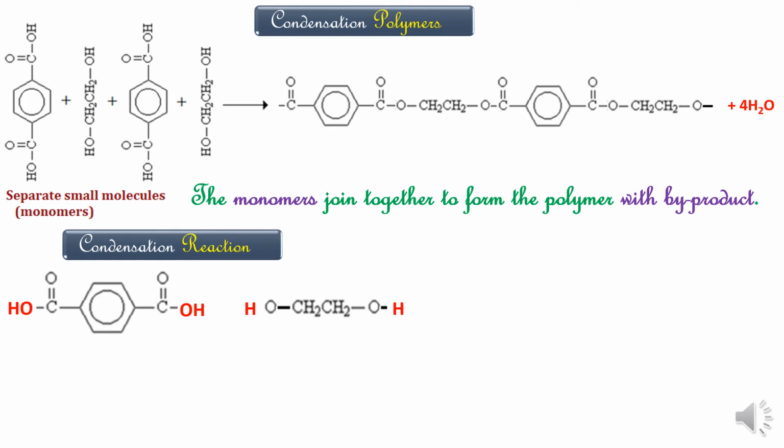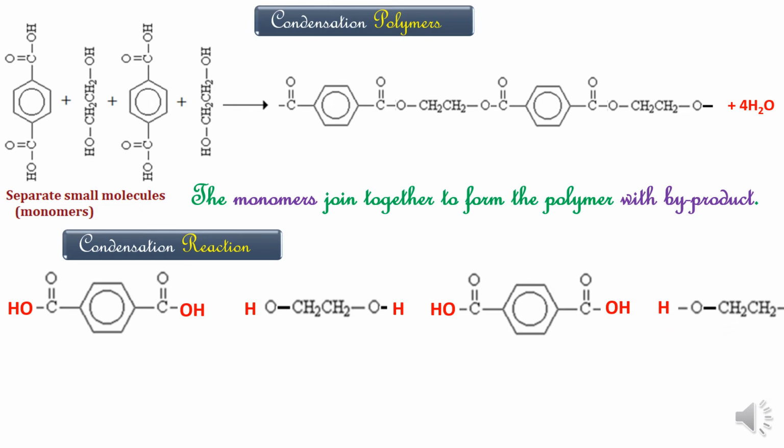And to make the polymer in the reaction, the dicarboxylic acid will lose OH from both sides, and all the diol will lose hydrogen H from both sides. And there are many, so here are a few more.